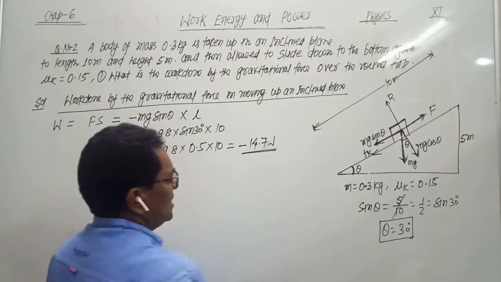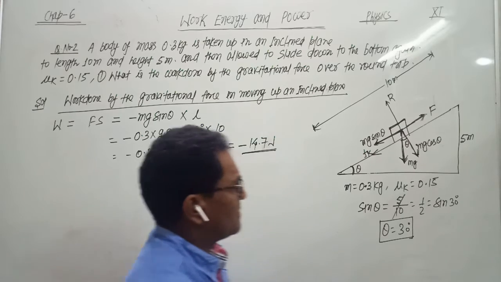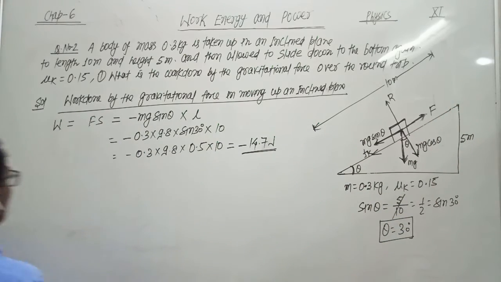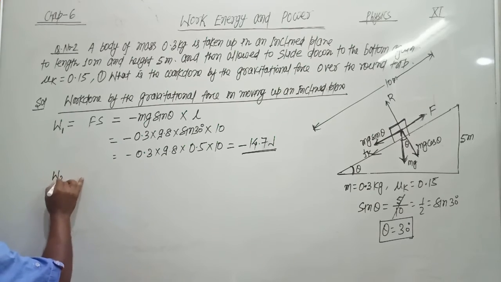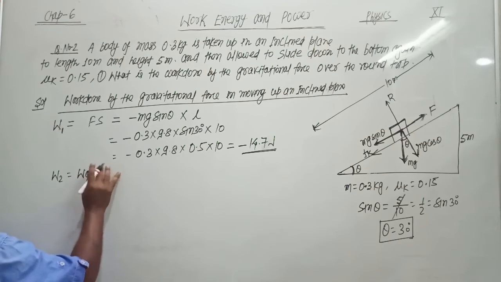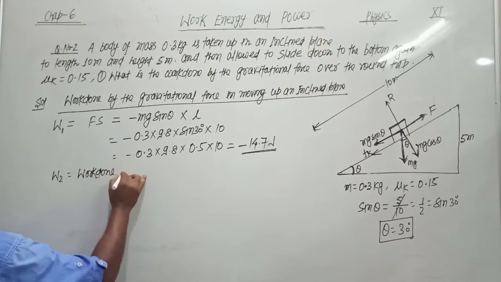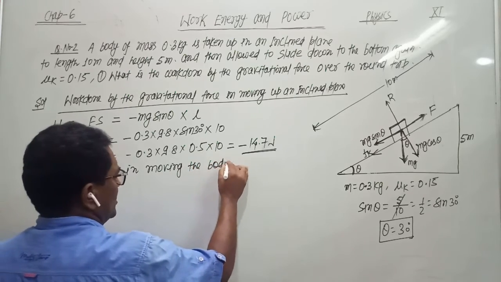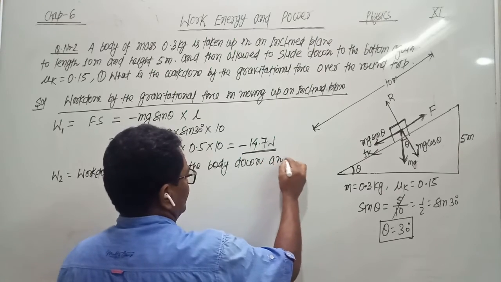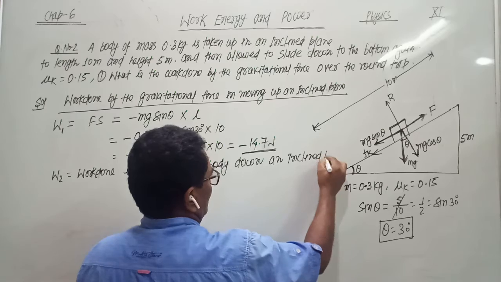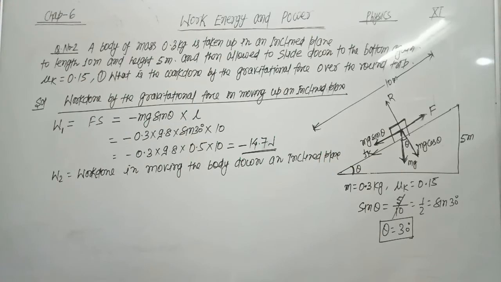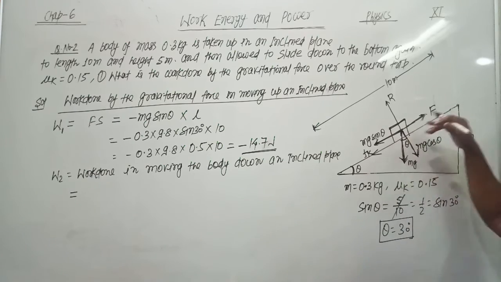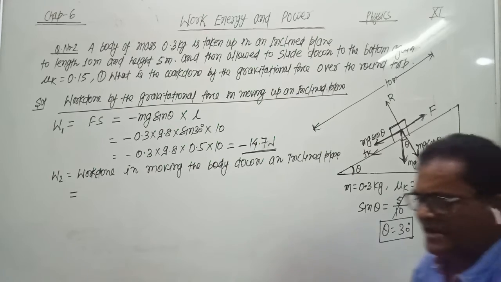So this is the work done in moving the body up an inclined plane, W1. Now W2 means the work done in moving the body down the inclined plane, which is positive because the body is going in the downward direction and the gravitational force is also acting in the same direction.